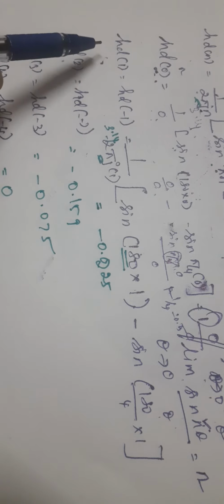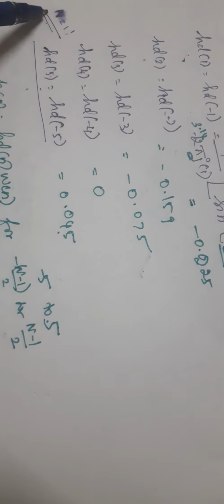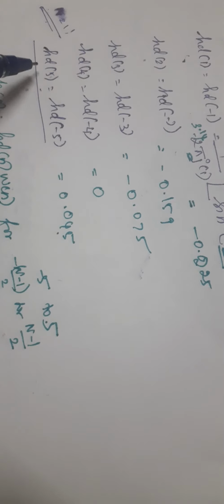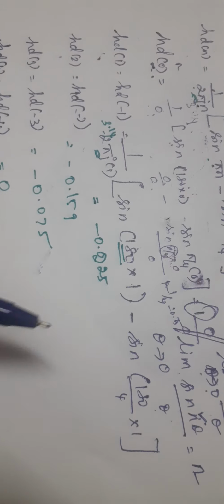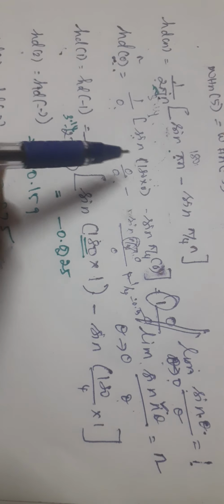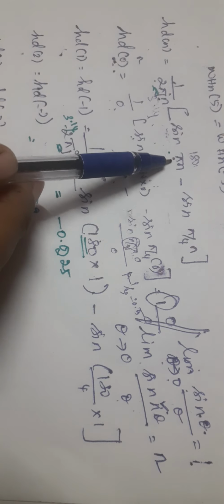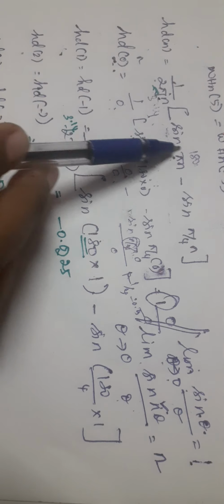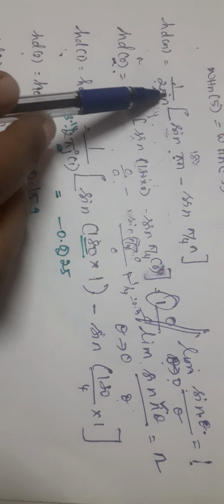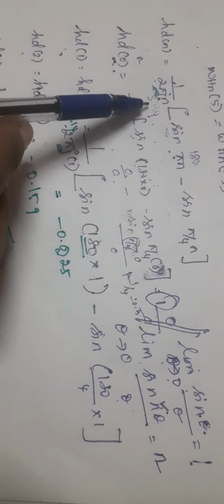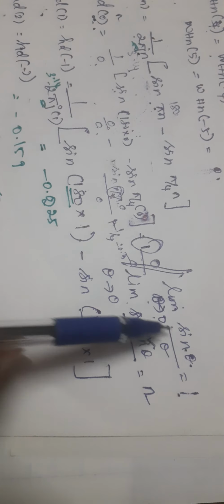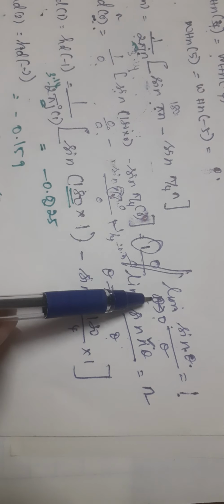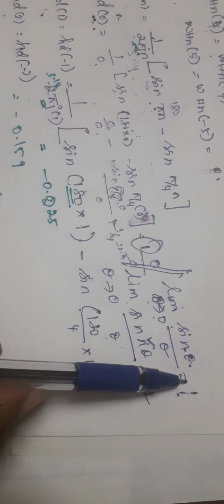Then you have to solve for all these hd of n values up to n equal to 5. The thing you have to keep in mind is that you substitute 180 degrees for pi in sine or cos, and for pi left alone you should substitute 3.14. If a case arises like sine of theta by theta with the substitution n theta equal to 0, it is 1.